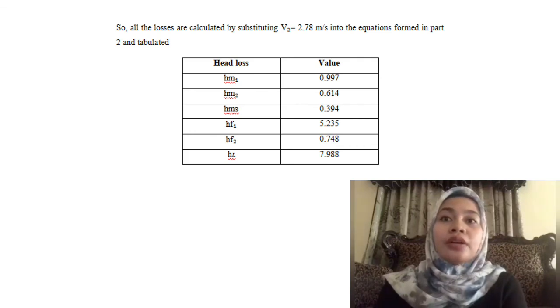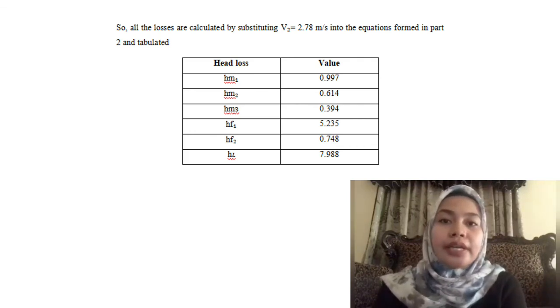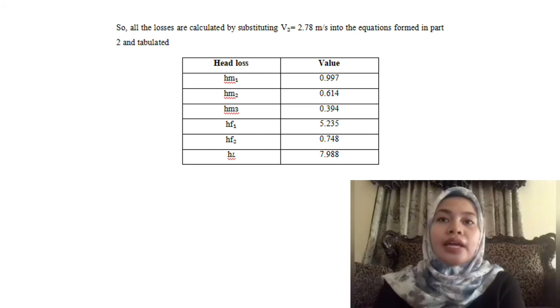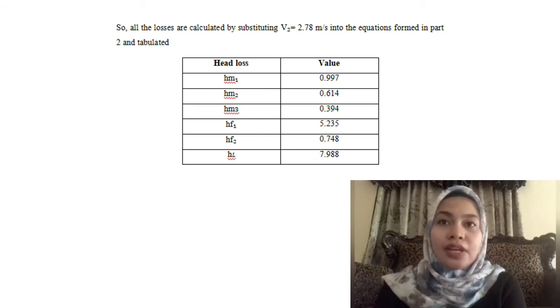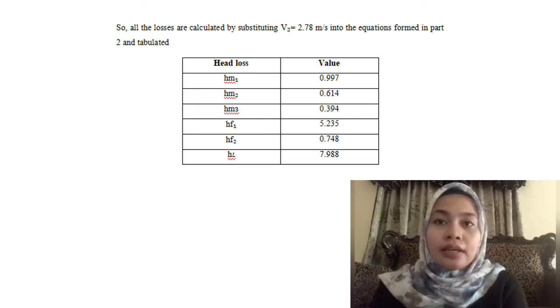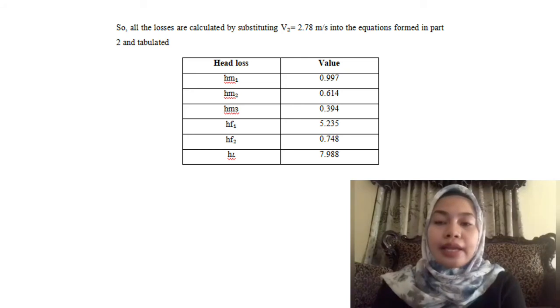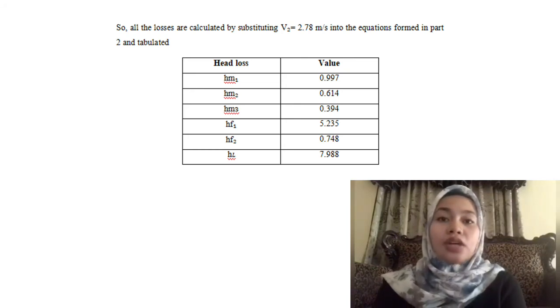The value of head loss HM3 is 0.394. The value of head loss HF1 is 5.235. The value of head loss HF2 is 0.748. And the last, the value of head loss HL is 7.988. Okay, that's all. Thank you.